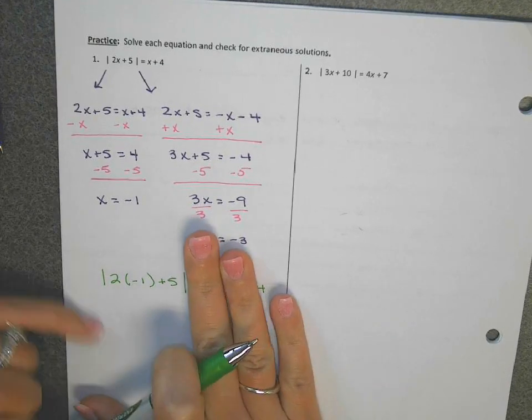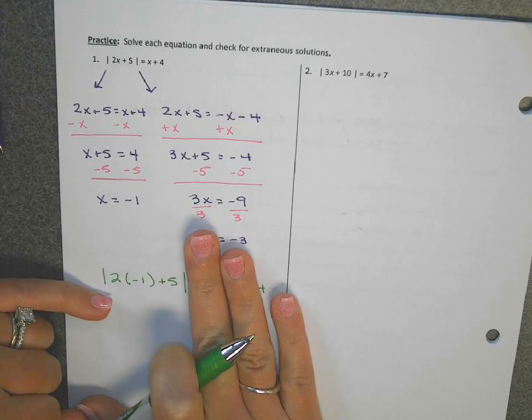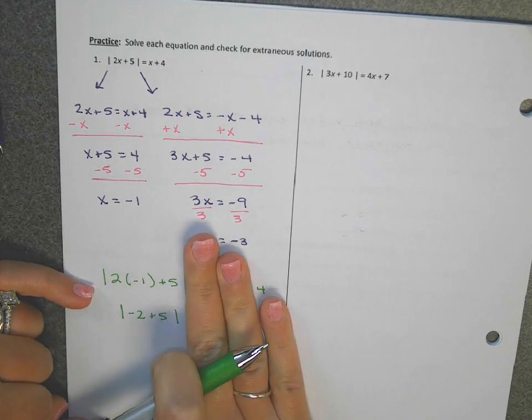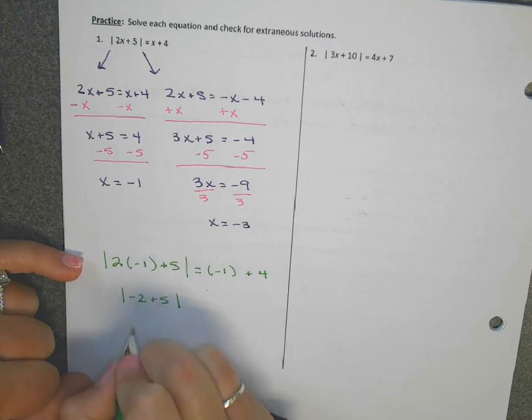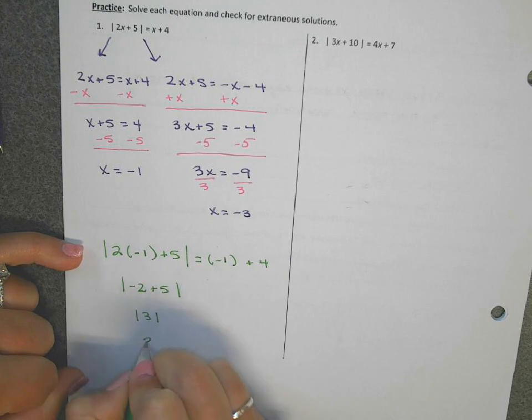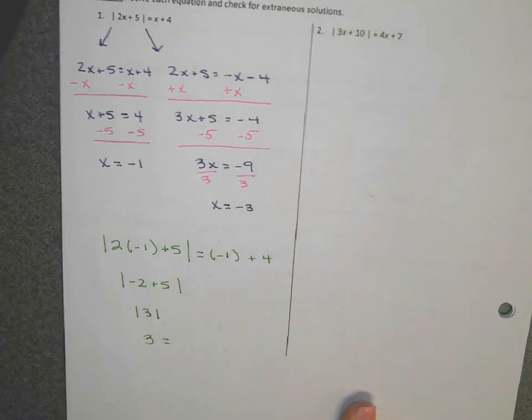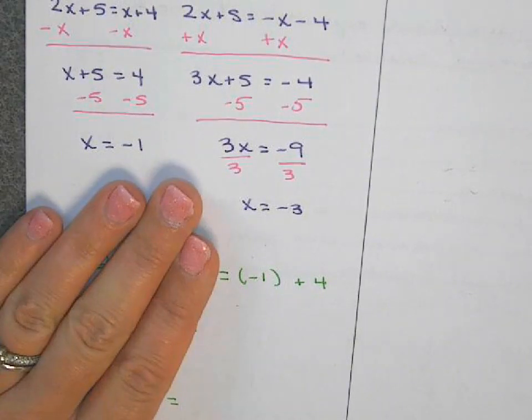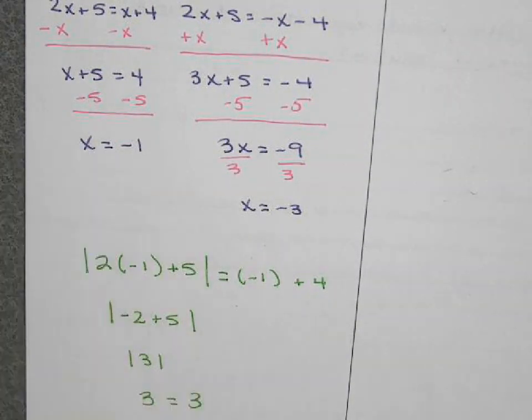The left side, simplify it. We have -2 plus 5. -2 plus 5 is 3, and the absolute value of 3 is still 3. On the right side, -1 plus 4, well, that's also 3.